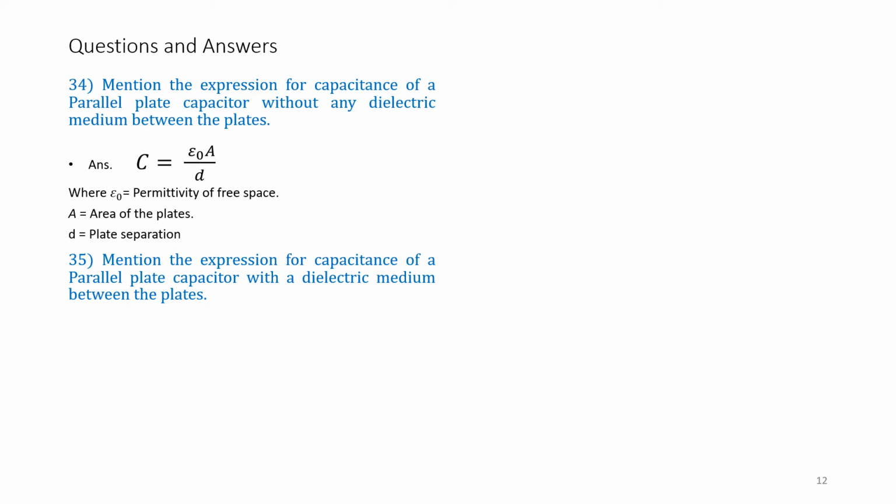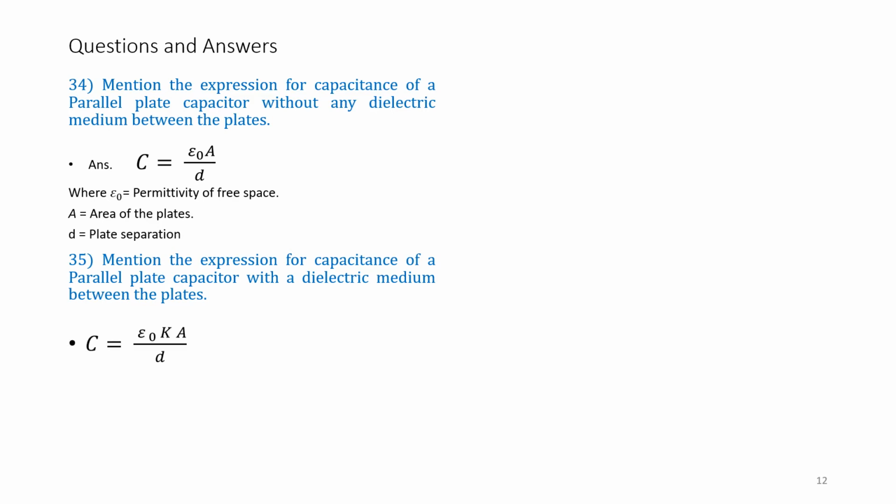Here please note, it is very important, the capacitance of a capacitor depends only on the area of the plates, the distance between the plates, and the permittivity of free space. Please note.